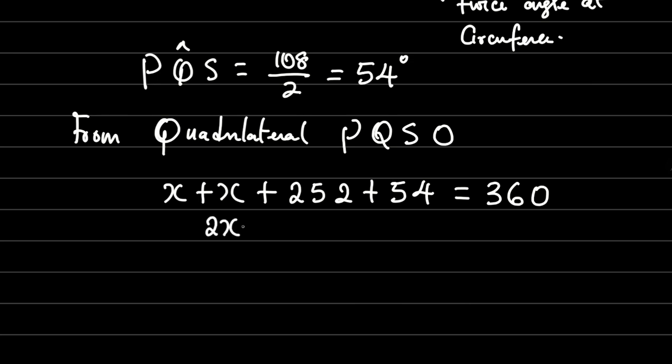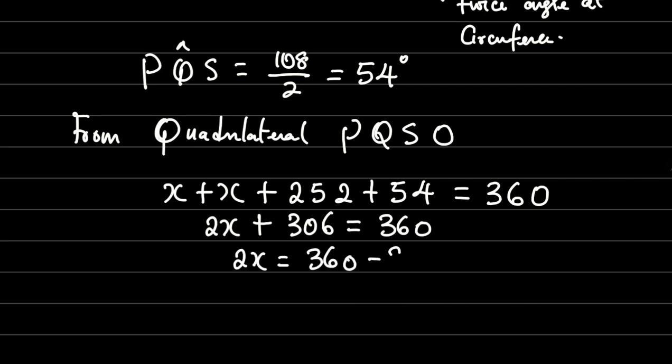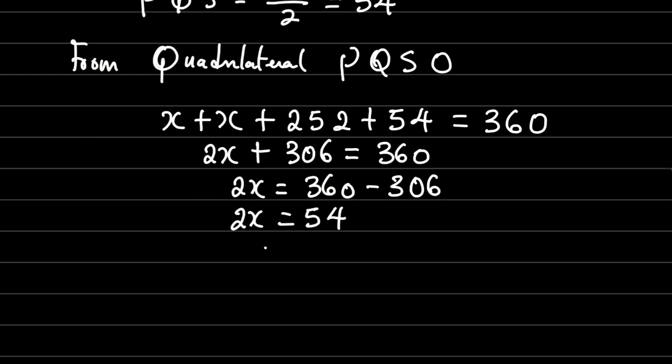So this is going to be 2x plus 306 must be 360. So 2x will be 360 minus 306, which is 54. So my x in this case is going to be 27.